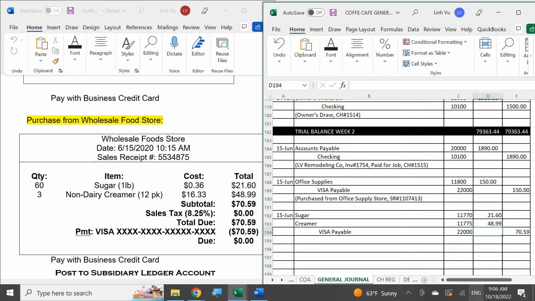We're not selling our sugar and creamer. Okay. Why are we not charged sales tax?